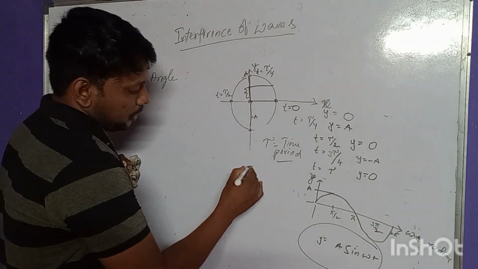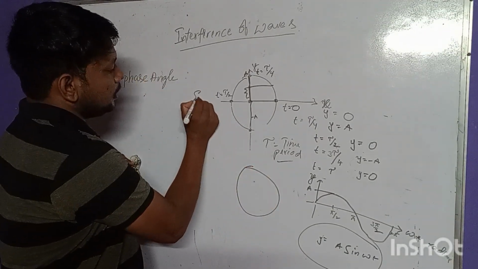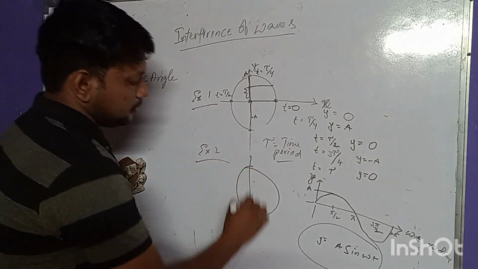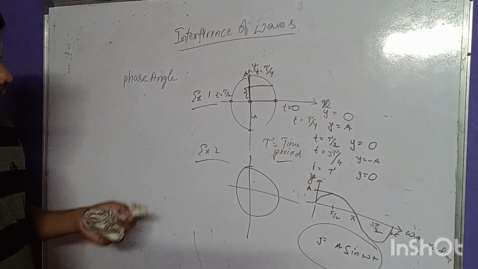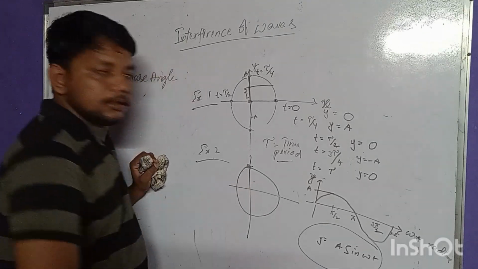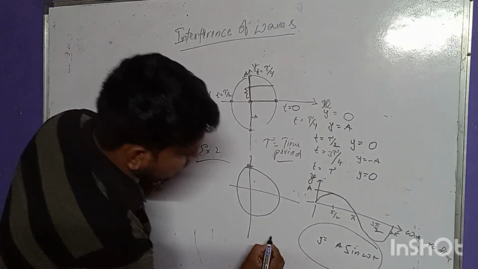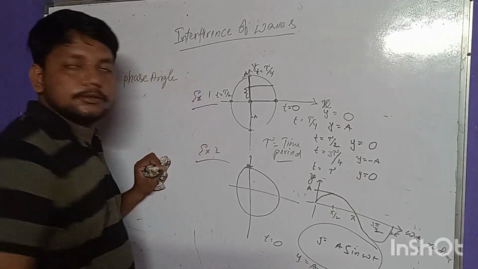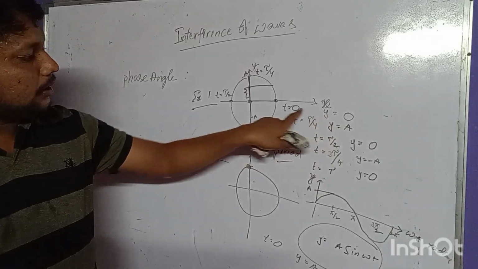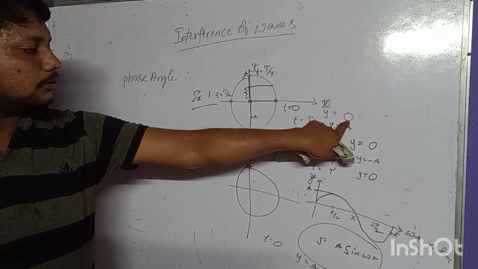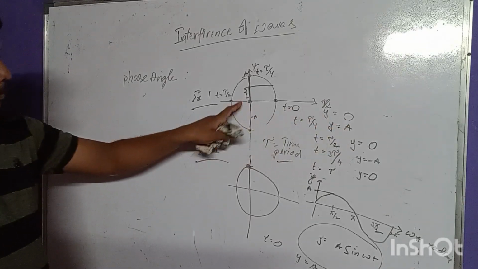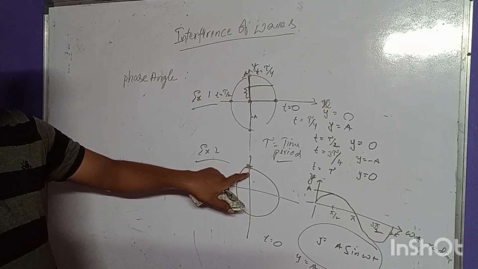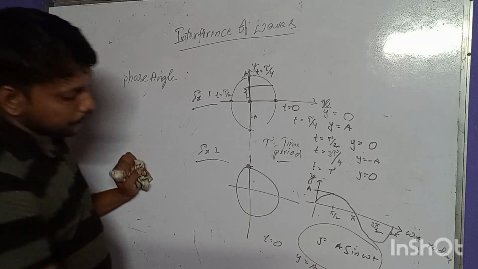Another particle, second example. Now the particle is starting here, right? At t is equal to 0, y is equal to a, maximum amplitude. In the first example, at t is equal to 0, y is equal to 0. But now the same particle is starting at peak position, right?